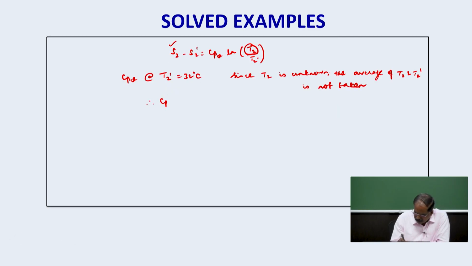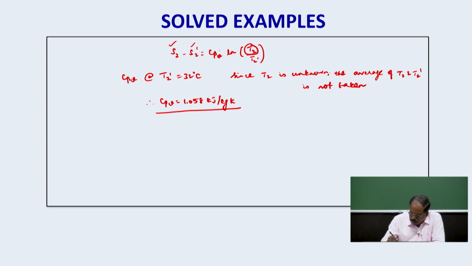Therefore, Cp of vapor is equal to 1.058 kilojoule per kg Kelvin. Now, in this equation, S2 dash is known, S2 is known, Cp of vapor we have just found from the table, and T2 dash is given, so we can substitute all the values.